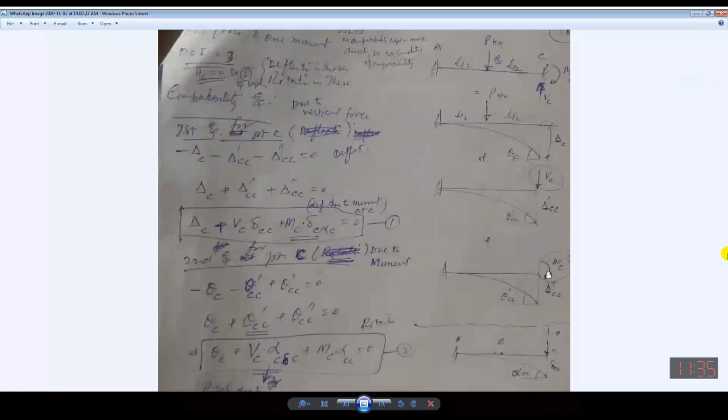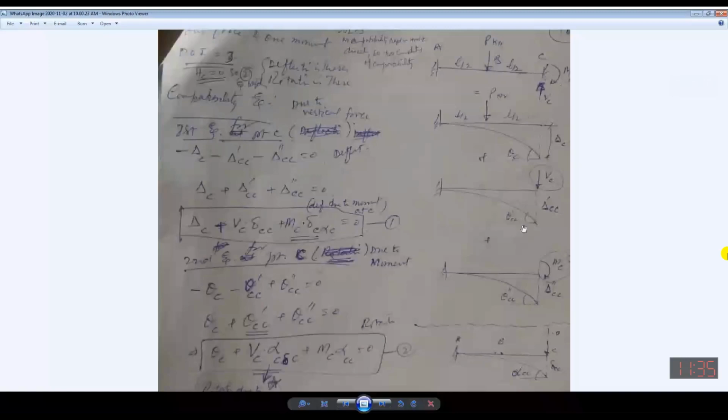Now, in both the cases, you can see under the application of load, there will be deflection and rotation as well. If I draw the tangent to this curve, it will be this rotation. Similarly, under the effect of this redundant, there will be deflection as well as rotation at the tip of this beam. If I draw the tangent to this curve, it will be theta CC dash.